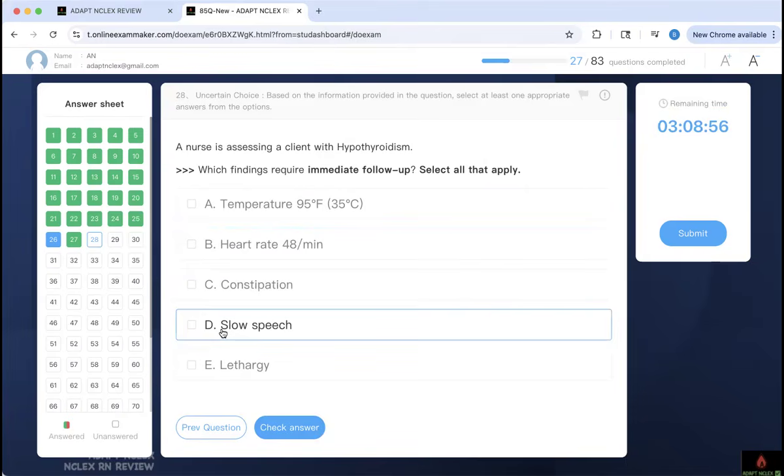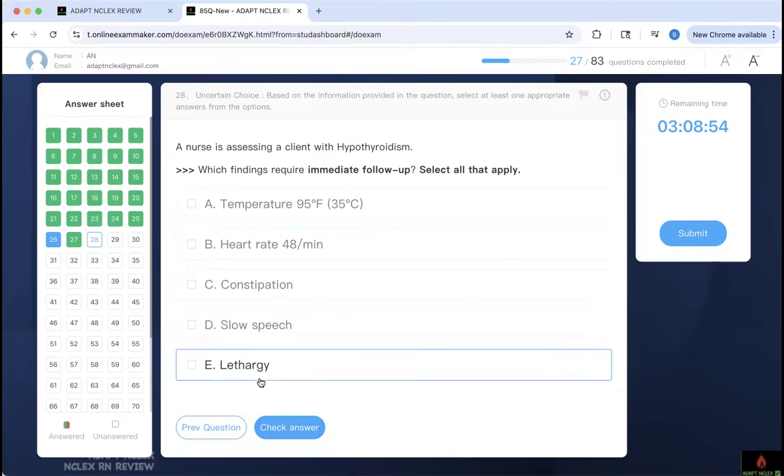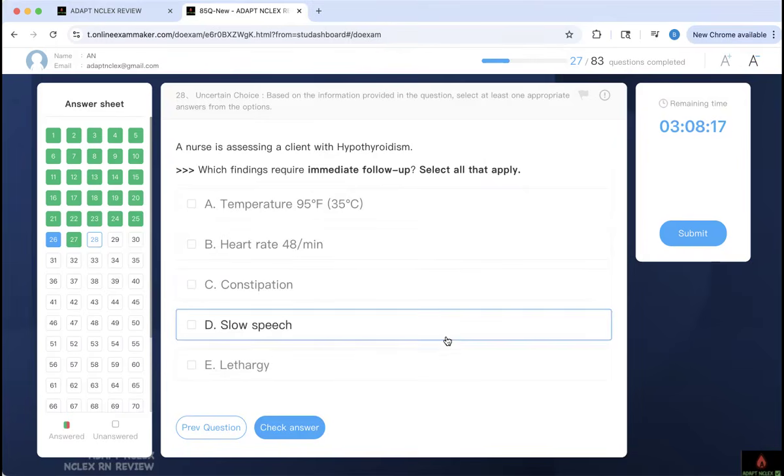Should you have slow speech or faster speech? Or should you be lethargic or awake? Which of these is consistent with hypothyroidism, and which one requires immediate follow-up? Patient has hypothyroidism. What do you expect? And which signs tell you they're doing bad? Hypothyroidism, temperature of 95, bad problem.